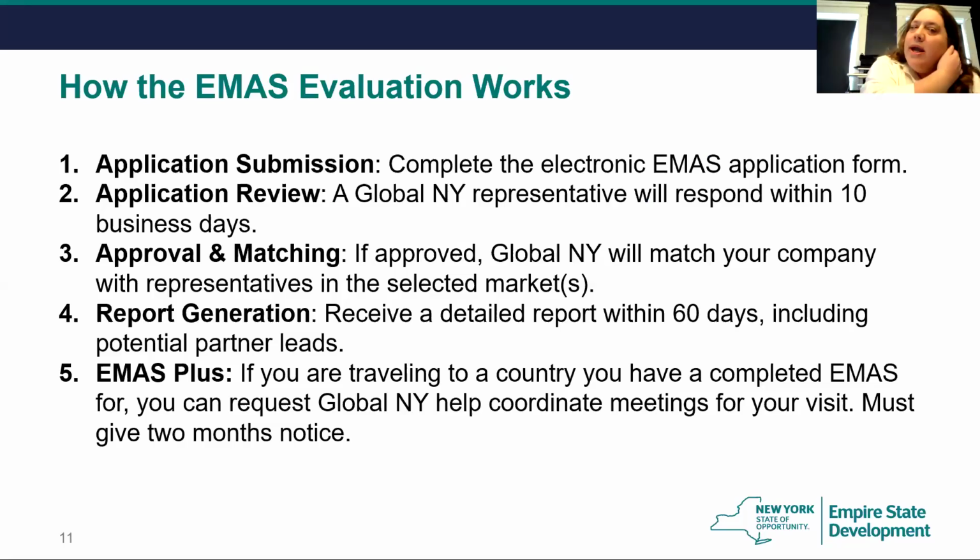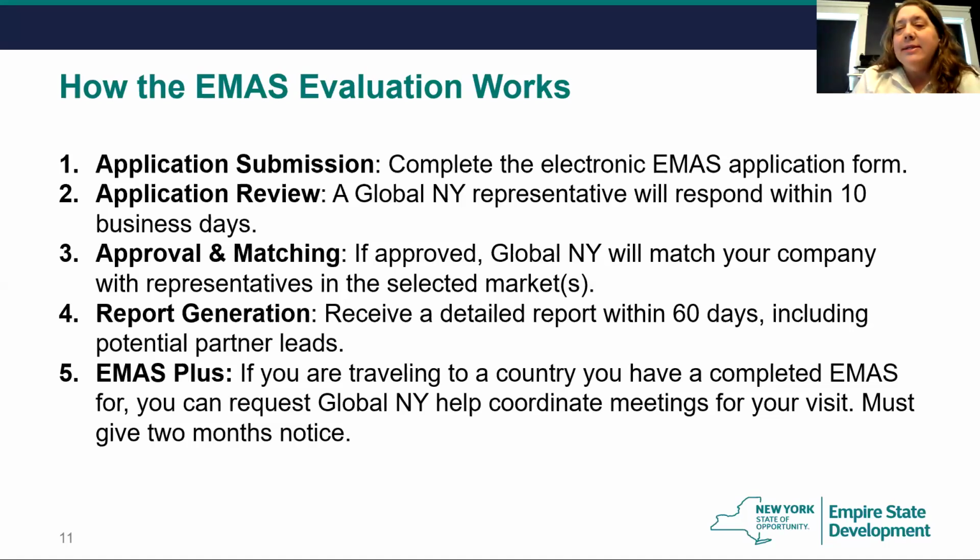So the way that we work is a company will submit a very brief application telling us about your company, your products, your ideal customers, and any experience that you already have, either with personnel or with the company. If we find that your company qualifies and you're making products or creating services in the state of New York, at least 50% or more of the value, and are headquartered in New York, then we can move forward with the EMAS application.